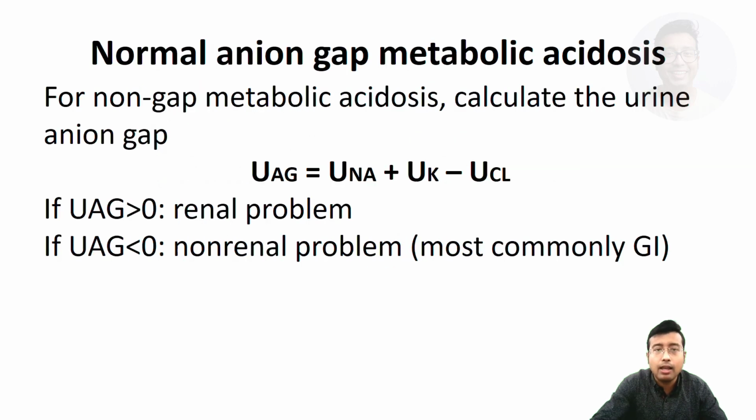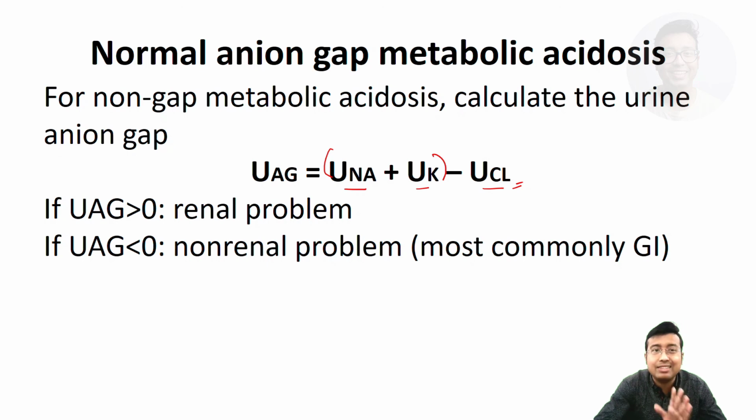Okay. One thing remains, why we need to calculate urinary anion gap. What is urinary anion gap? Just like serum anion gap, it is calculated by looking at urinary electrolytes. So, urinary sodium, urinary potassium, urinary chloride. You add the urinary cations and subtract urinary anions.